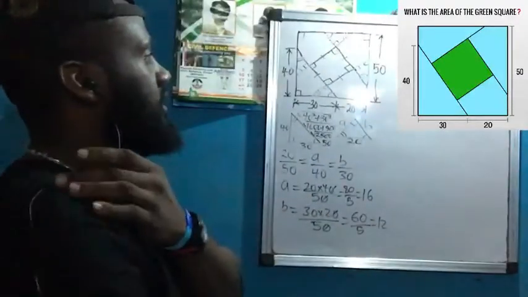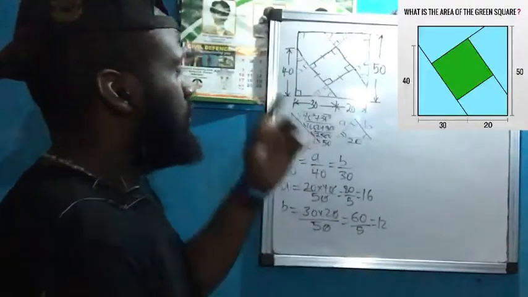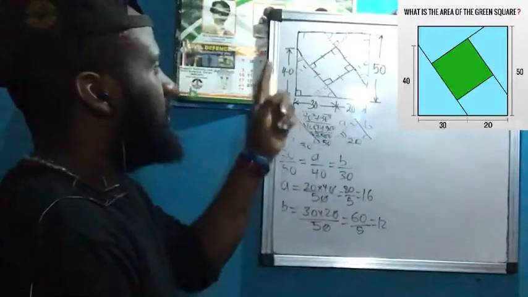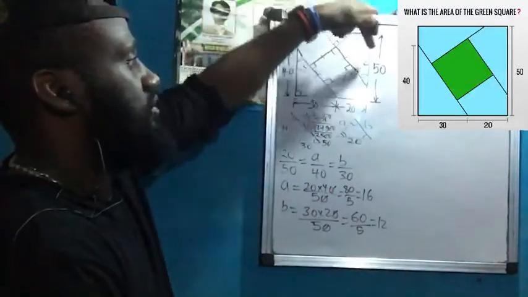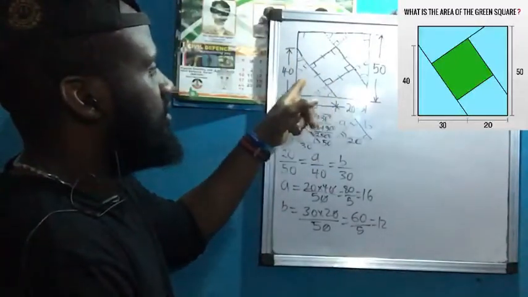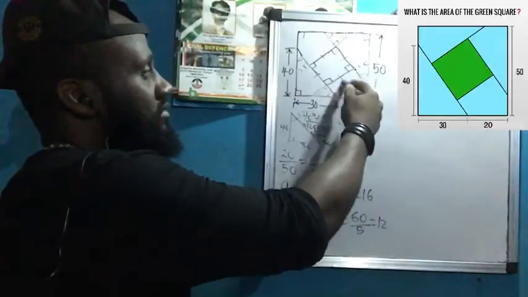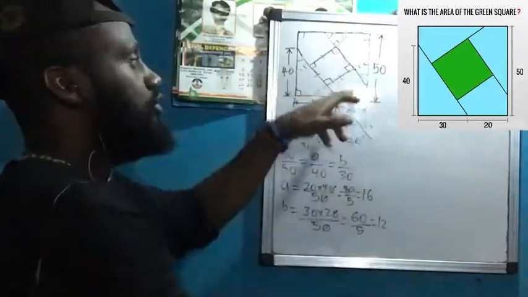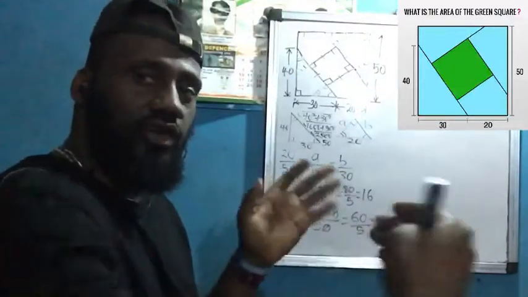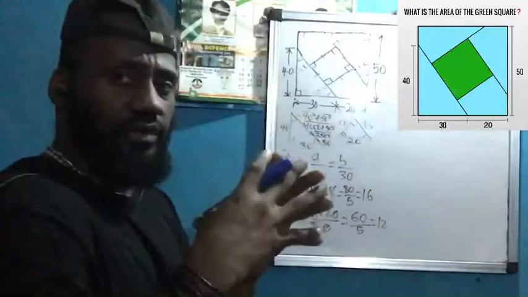To get the area of the green square in the diagram, we would find the area of the whole big square and subtract from it the area of all the cyan region. The cyan regions are made up of these right angle triangles and the partially visible right angle triangles, because we know that some areas of them are hidden, are overlapping, so we are not going to call them full because it's just a part of them that will be needed.